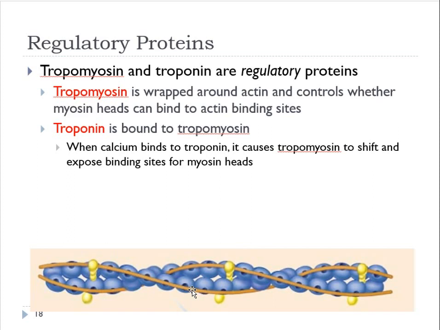The way that we can get them to unbind is when calcium binds to these yellow things called troponin. The troponin will shift over, and when it shifts over, it also moves the tropomyosin away, and then these little holes are exposed. And when that happens, it allows the myosin heads that are on the thick myofilament to attach and move.